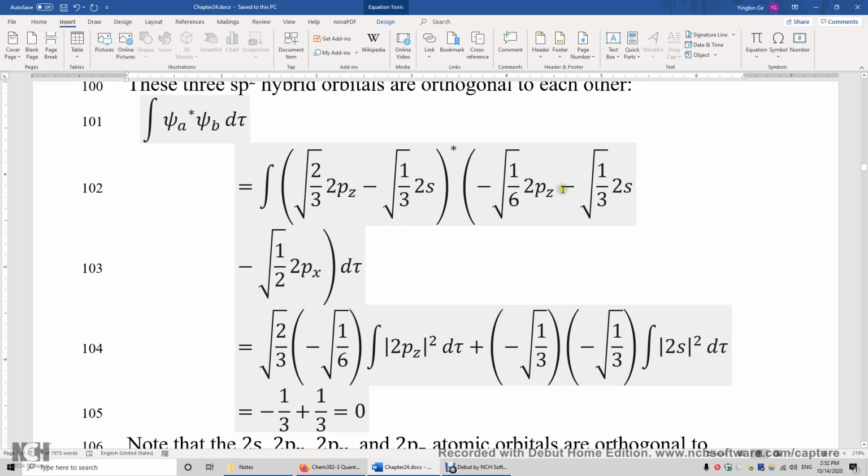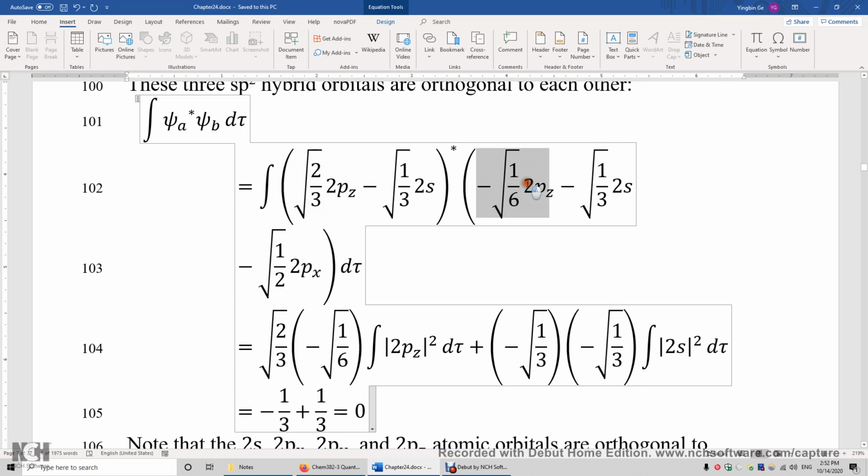So basically, if you look at this, you just need to worry about this times this. Alright, so this is just 2pz times 2pz, right? So you got this term here. And then 2s, you have 2s here and 2s here, so put them here.